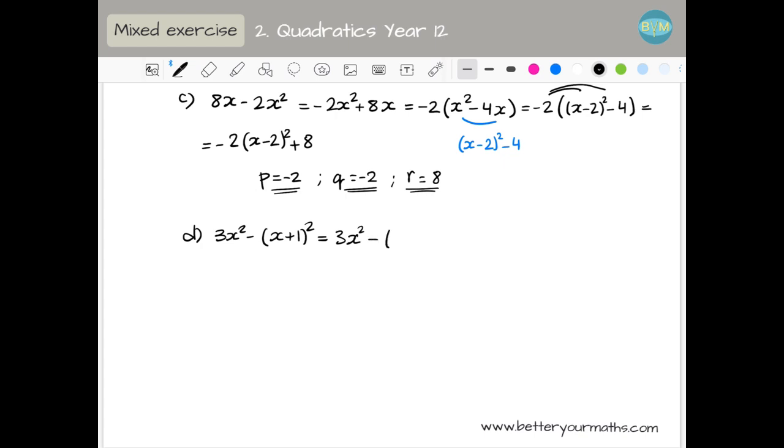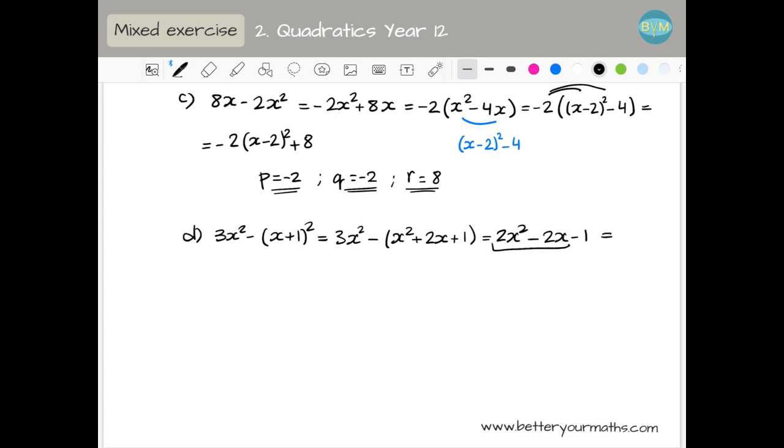When I square that expression, I have the first one squared, 2 times the product, so 2x, and the second squared. And then I'm going to expand this bracket, multiplying by minus 1, or changing the sign of everything. So 3x squared minus x squared is 2x squared, then minus 2x and minus 1.